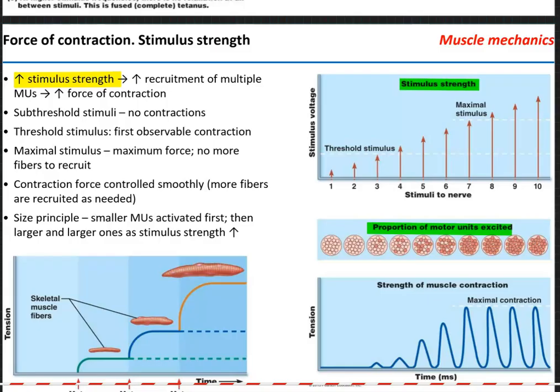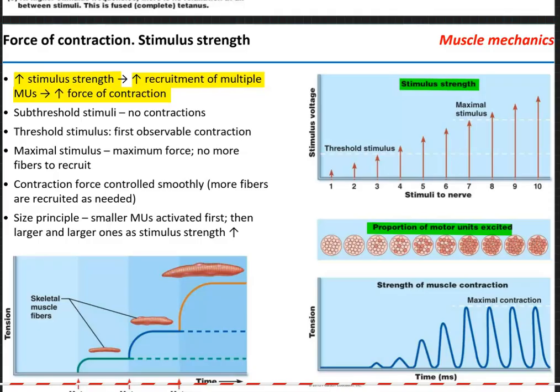When more motor units are activated, that inevitably increases the strength, the force of contraction. Obviously, there can be a stimulus that is not strong enough to activate even a single motor unit. In this case, you have no contraction at all.